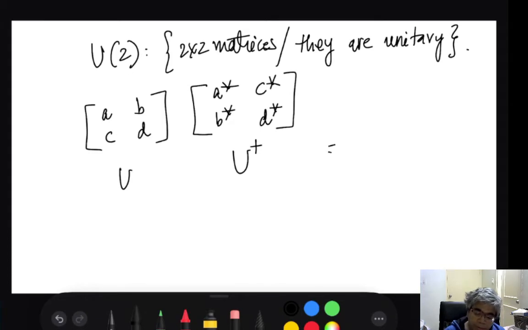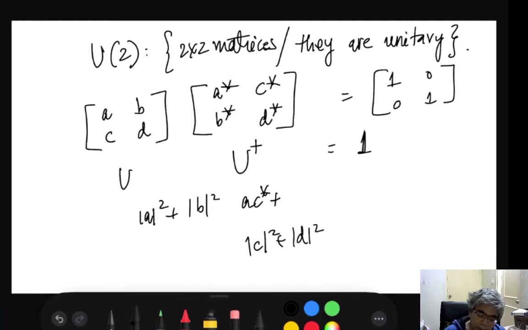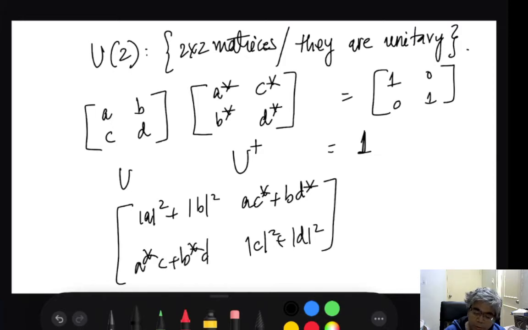This straight away gives you conditions like mod A square plus mod B square, mod C square plus mod D square, and A C star plus B D star, A star C plus B star D, equal to the identity matrix, 1 0 0 1.